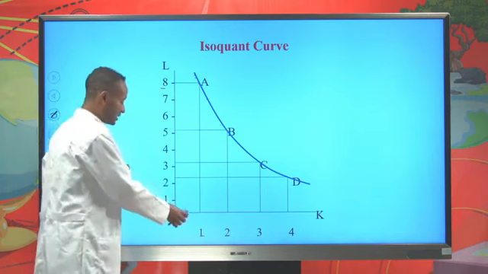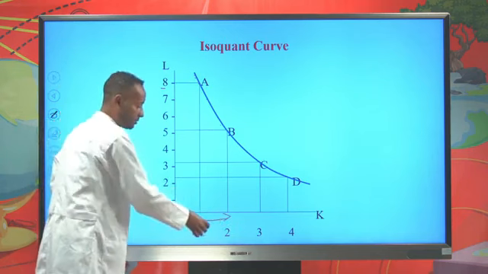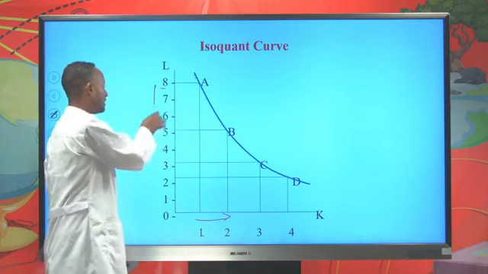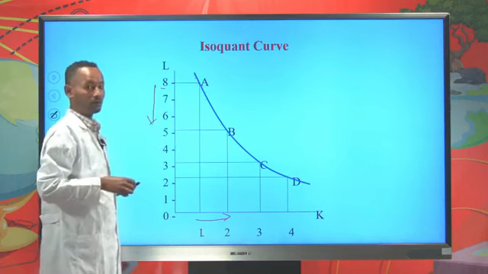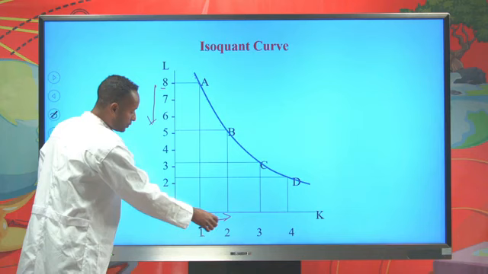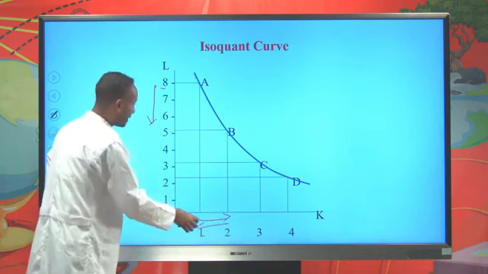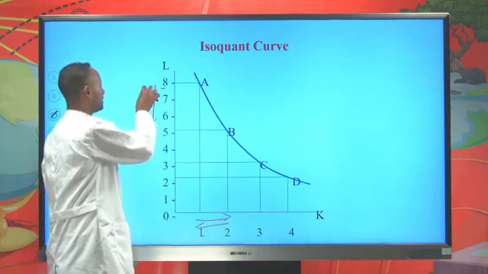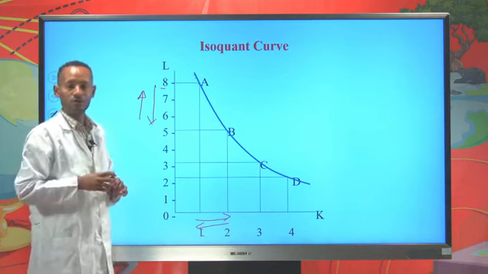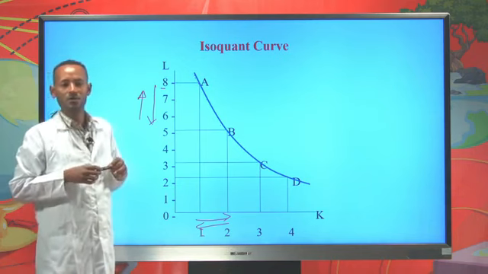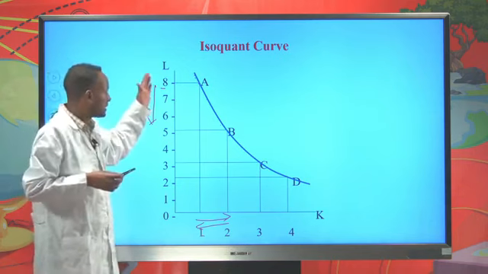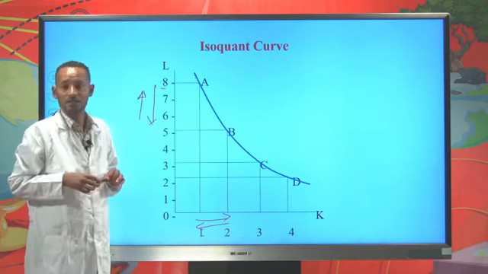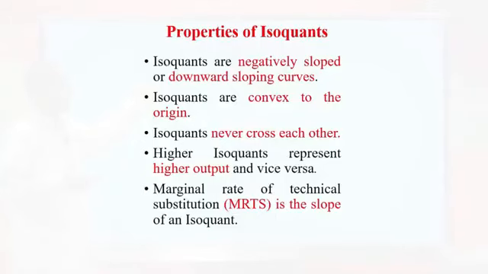As we increase employment of the variable input capital, we are reducing employment of the variable input labor. As we reduce capital, we are increasing labor. So due to this inverse relationship between the two variables on the x and y axes, the slope of such a curve is negative.